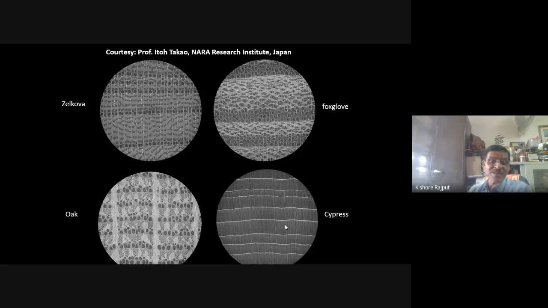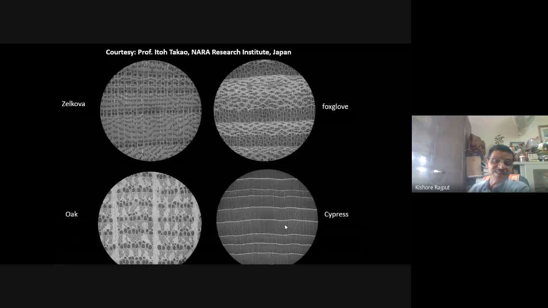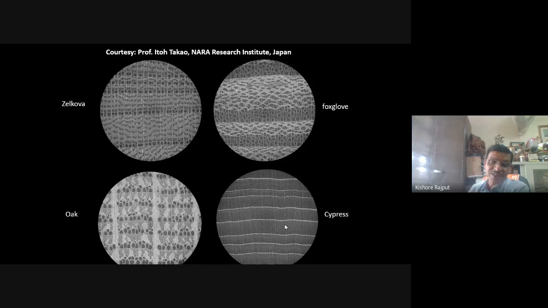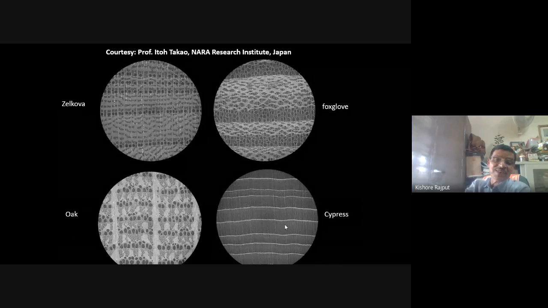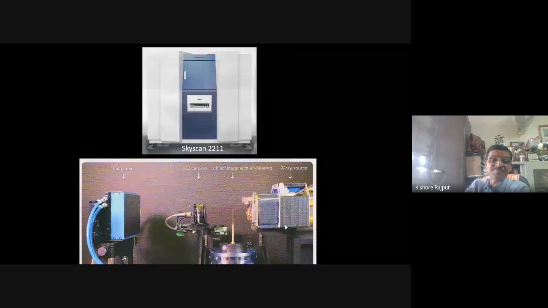Then on the left side, the lower image is oak, where you can see wide rays and wide bands of axial parenchyma. On the right side you can see the gymnosperm, where distinct growth rings can be seen. This is how we go for the identification. Absence of vessels is another criterion to identify a gymnosperm. And this is how they identified the wood used during that time.